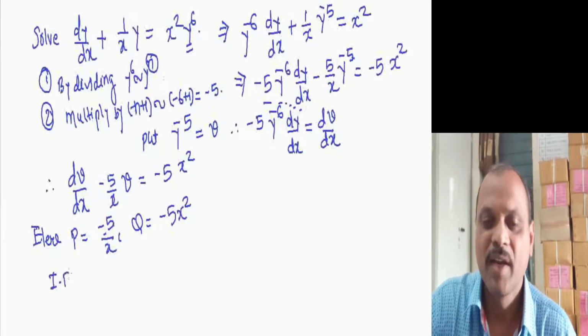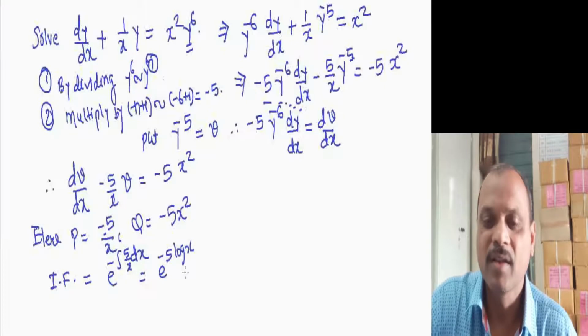Therefore, the integrating factor equal to e raised to the integral of minus 5 divided by x dx, equal to e raised to minus 5 into log of x, or e raised to log of x raised to minus 5.